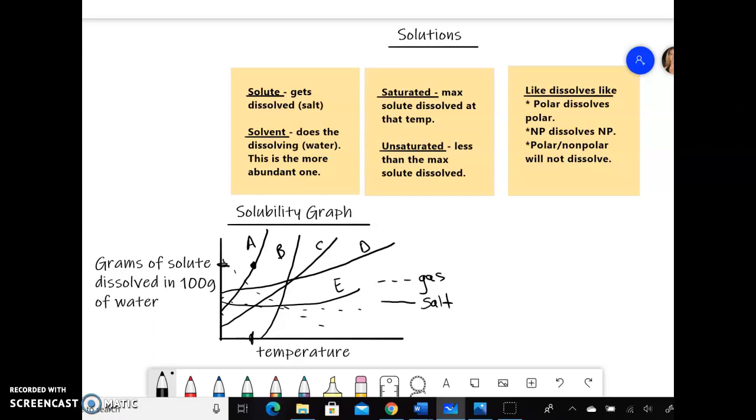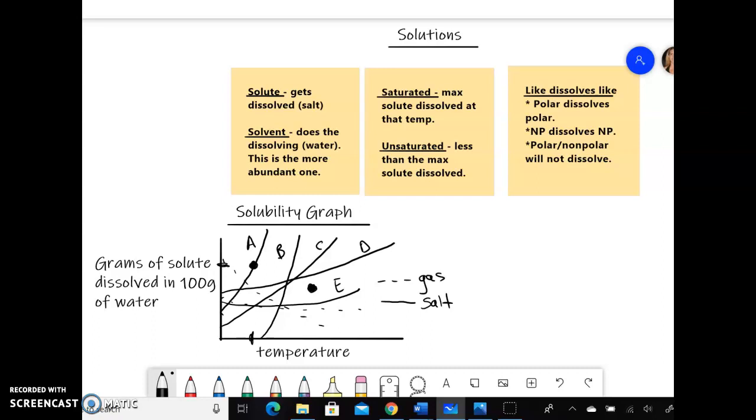A common question with this graph is they give you a point, like let's just say they give you a temperature and the amount of grams, and let's say the point is right here. And then they say at this point with this many grams and this much temperature, is D saturated, unsaturated, or supersaturated? Since this point right here is lower than the D line, it means that it's unsaturated.